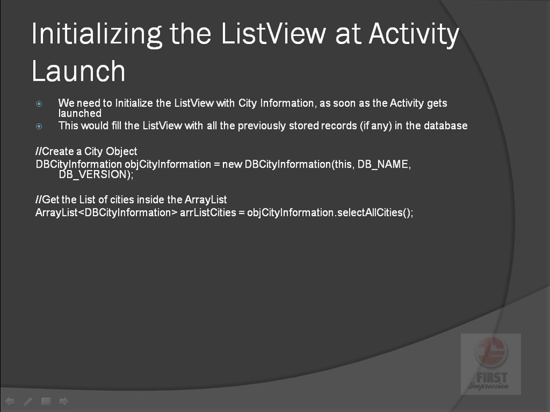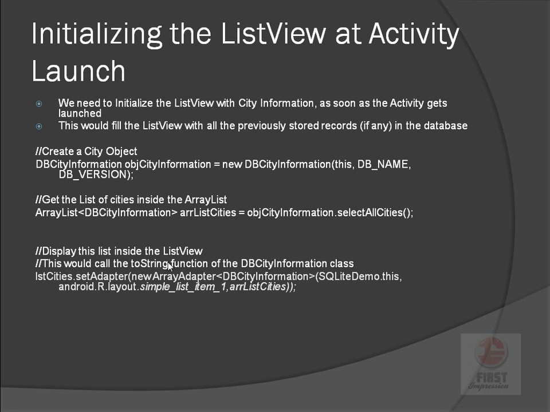Now we will set the adapter of the ListView to this ArrayList by saying lstCities.setAdapter(new ArrayAdapter. This ArrayAdapter is not of String. This ArrayAdapter is of DBCityInformation. The first argument is the context. In our case, this would be MainActivity.this. In this case, it is SQLiteDemo.this, comma android.R.layout.simple_list_item_1.